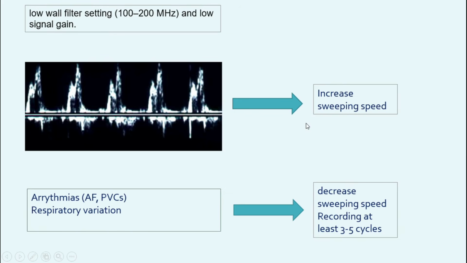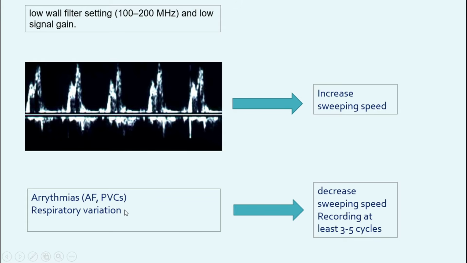In those cases that heart rate is very high and waves fuse together and we don't have a very clear border between them and detail is not clear, we have to increase sweeping speed to 50, even 100.